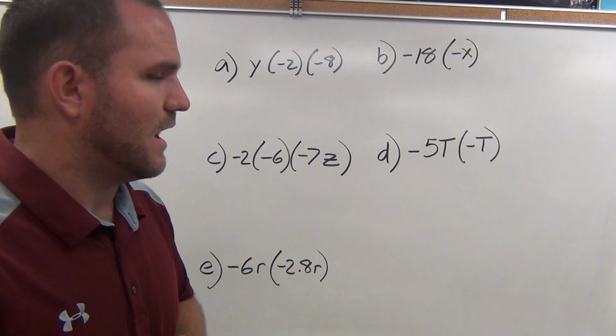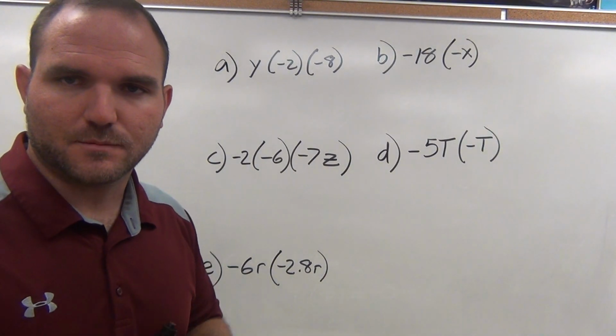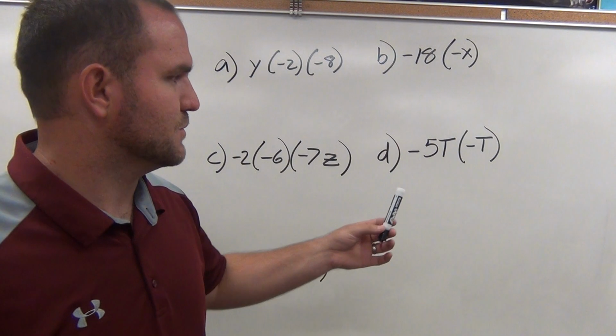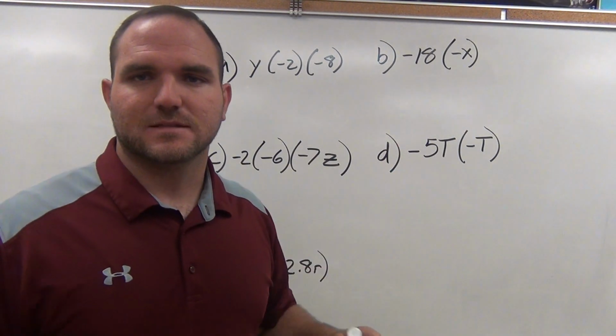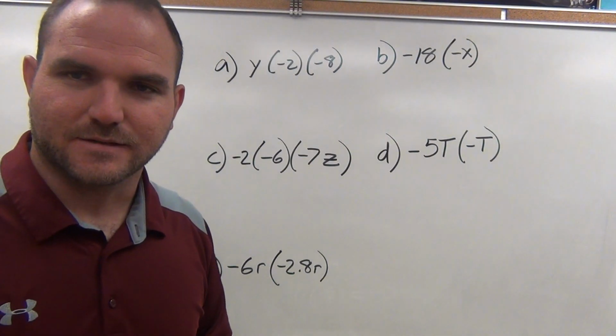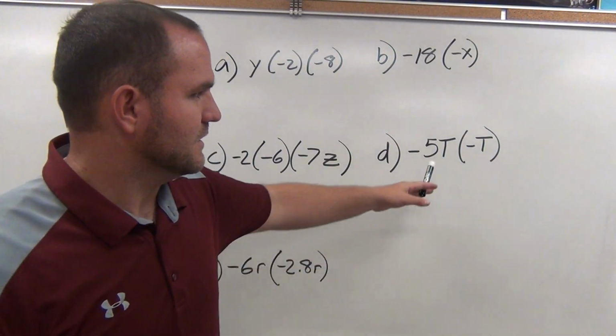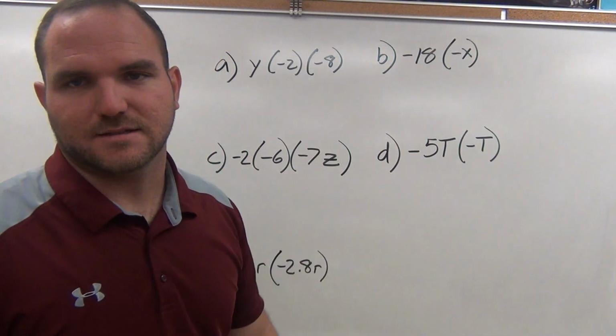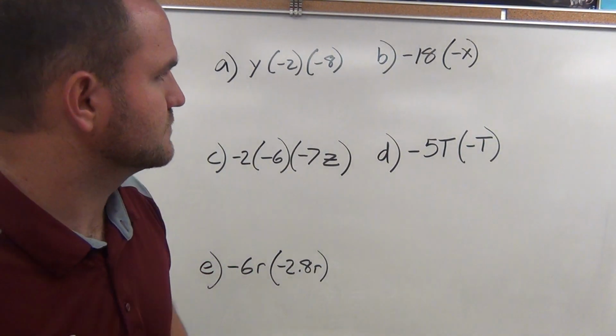So for me, when I'm doing the algebra, I always make my t's a capital T. That way you for sure know that that's a T. It's not a plus sign.